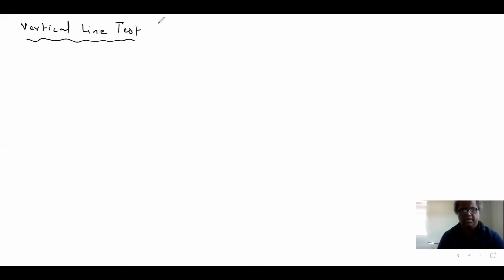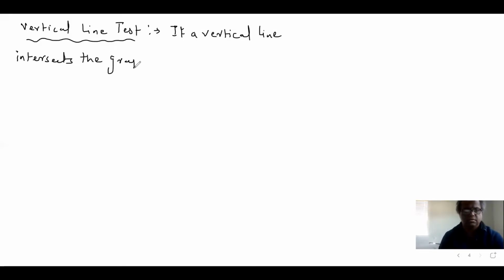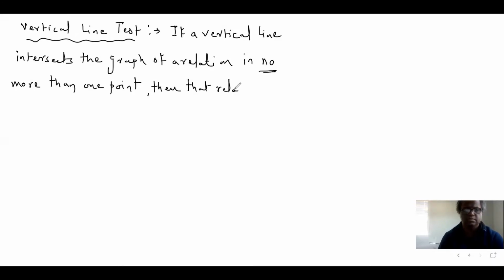The vertical line test tells you that if a vertical line intersects the graph of a relation in no more than one point, then that relation is a function. All right.